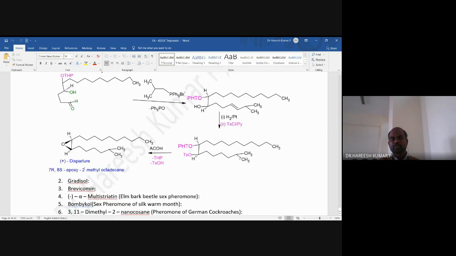This product is obtained. After the conversion of the double bond to a single bond, it was treated with tosyl chloride. Tosyl chloride will convert the hydroxy here into tosylate.